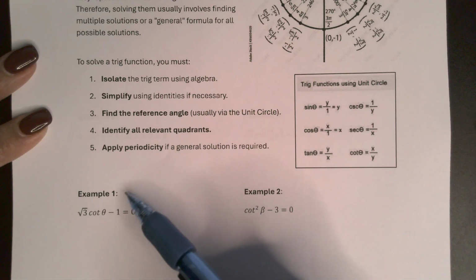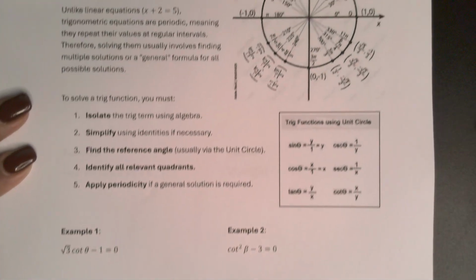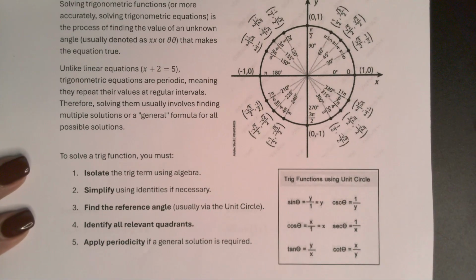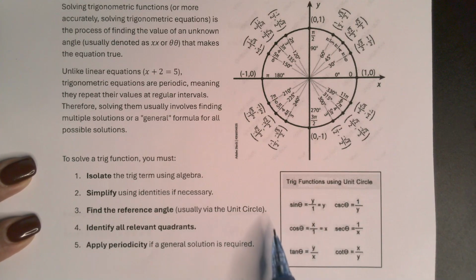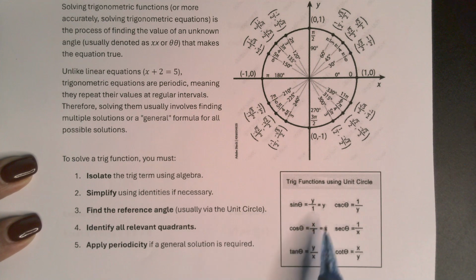Well, you know what? Before we jump into that, let's look at this for a second. So here's our unit circle. Reminder, our sine, our cosine, and our tangent are assigned a y, an x, and tangent is always going to be the y coordinate over the x.